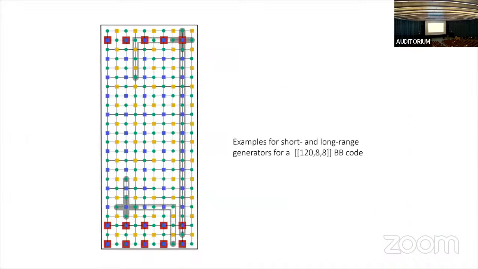As an example of these short and long range generators, here's a BB code, and I have highlighted a short range generator versus a long range generator. If we do our gate teleportation scheme, we can see that doing this generator is going to take a much longer Bell pair, because we actually have to stretch all the way down here, compared to just doing this one, which requires shorter Bell pairs.